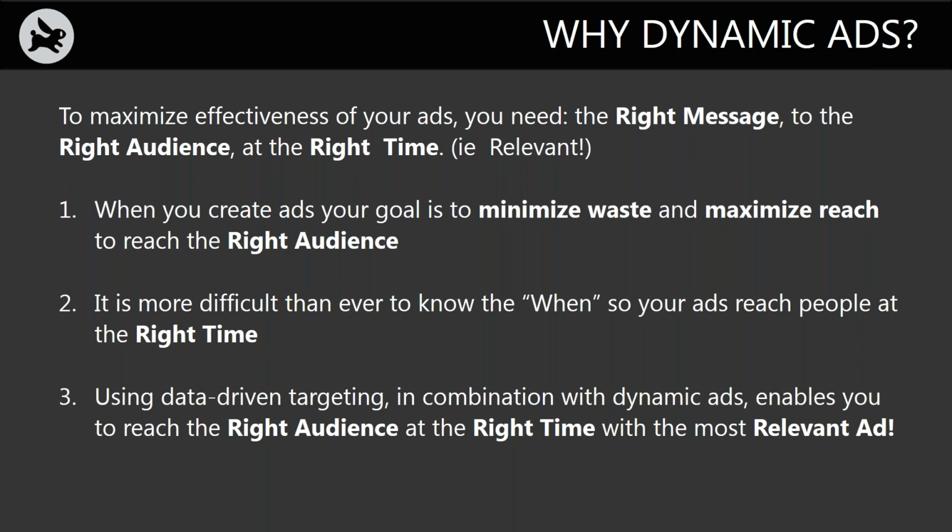That's going to give us better click-throughs and help us maximize our reach. It also allows us to go after people from a timing standpoint. When you target people in the market, we're not just targeting anybody that might buy a car someday, but people in the market now. Using a combination of dynamic ads with the data-driven targeting we've always been doing, it enables us to get that exact right audience at the right time with the most relevant ads.